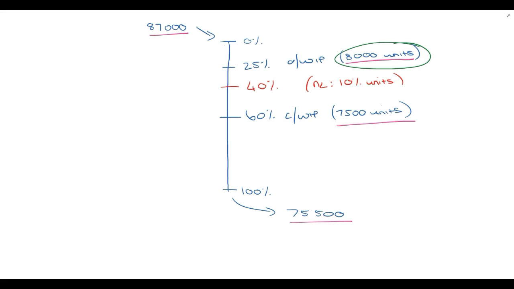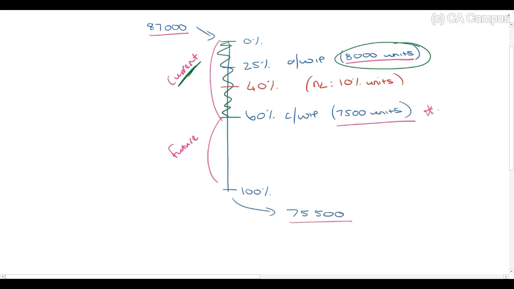Closing work in process is sitting over here at 60% complete. So what does that mean? That means in the current period, I did 60% of the work, and in future periods, I'm going to have to do the remaining 40% of the work so that I can complete those units. Did those units go through the loss point in the current period? Well, this is what I did in the current period. I took them from 0 to 60, which means they definitely went through the loss point.